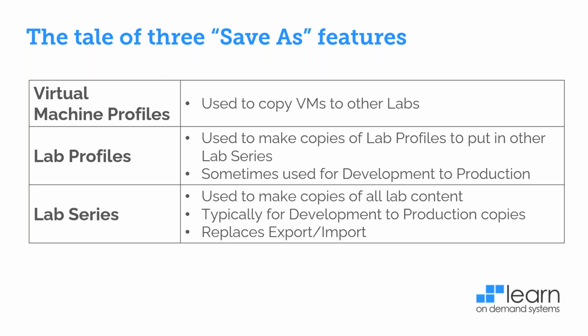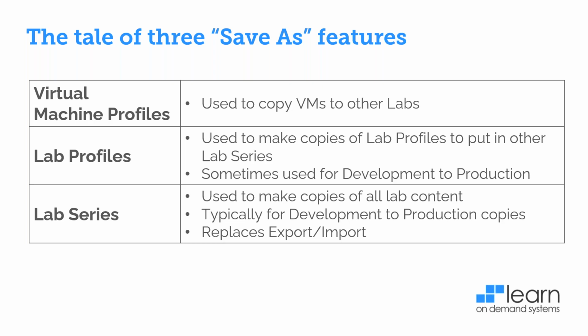Virtual machine profiles, and I want to be very clear about this, do not typically need a Save As or a copy made of them, because whenever you use a virtual machine profile inside of a new lab profile, that virtual machine profile is now forked or branched.